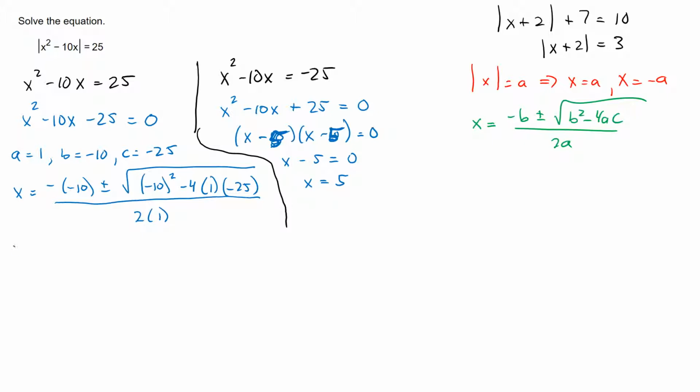Now we start simplifying this. So we have negative 10, that's of course positive 10, plus minus the square root of negative 10 squared is 100. Negative 4 times 1 times negative 25, that's positive 100.